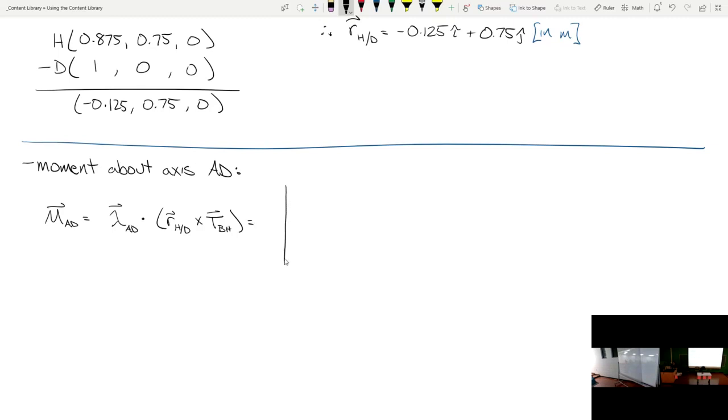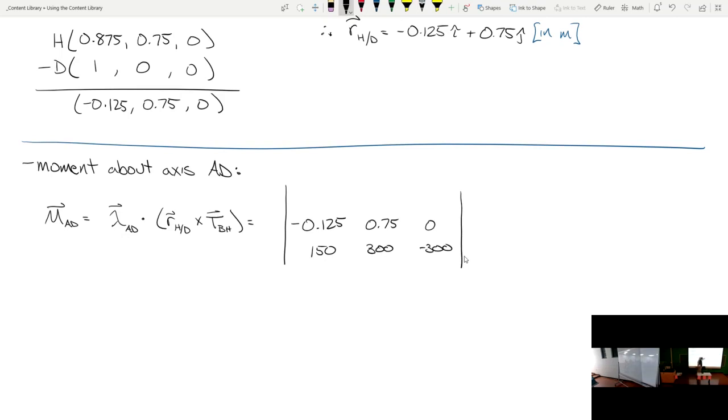Normally when you're setting up a cross product, you put the R terms here, put the F terms here, and then what you would put up here is I, J, and K, right?